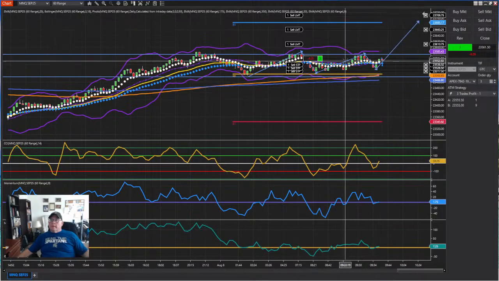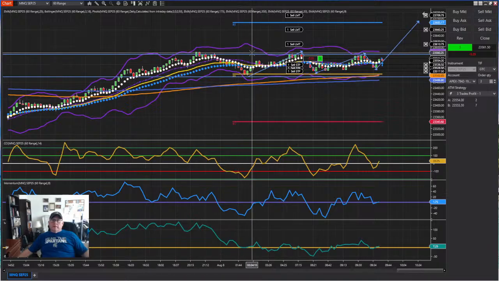I'm looking for the market to basically do this. Break out of this zone right here.